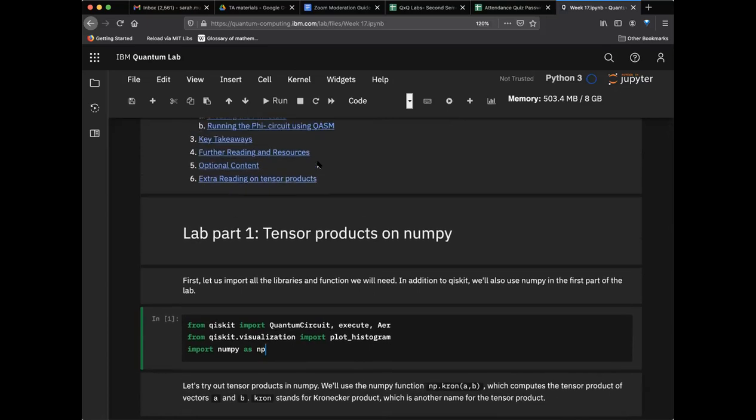There's no reason not to play around with it and run any circuits your heart desires. You can always see any result that you want to create. Or if you want to create a certain state and you're not totally sure how to, you could post in Piazza, like, can you lead me down the right steps to create this more complicated 4-qubit state?